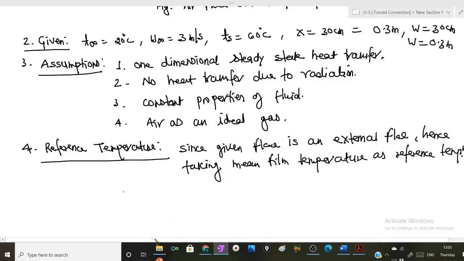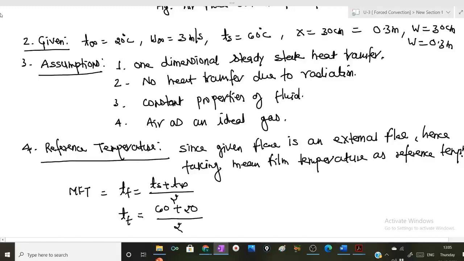And what is that? TF is equal to Ts plus T infinity by 2. It is nothing but mean film temperature. I am representing it by T suffix F. Ts is given as 60, T infinity is given as 20.